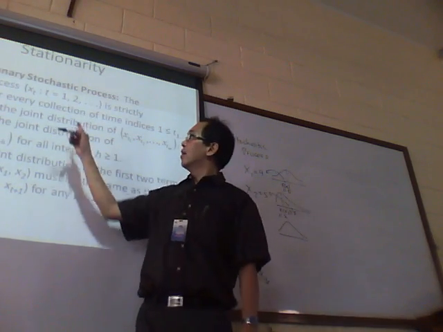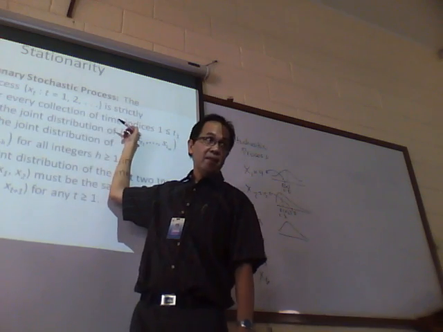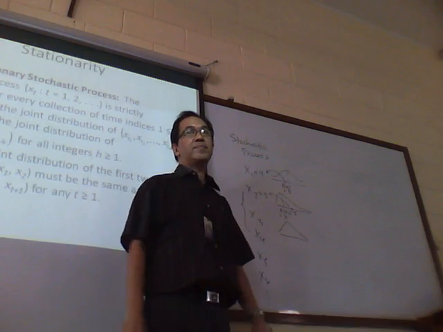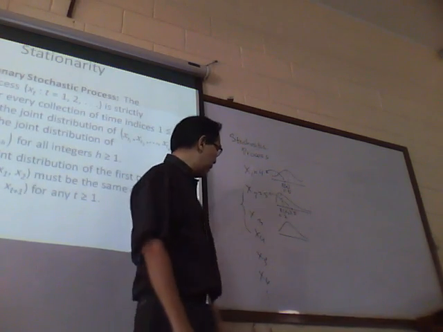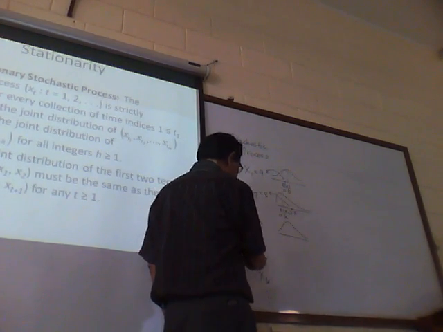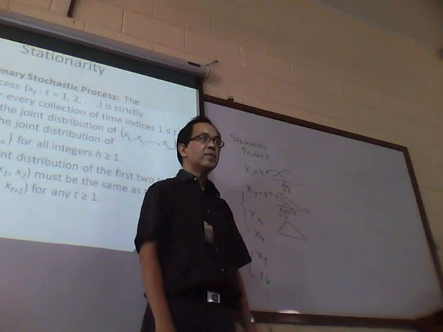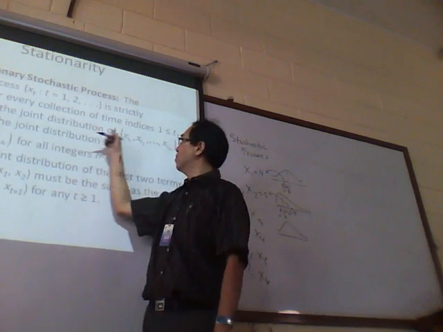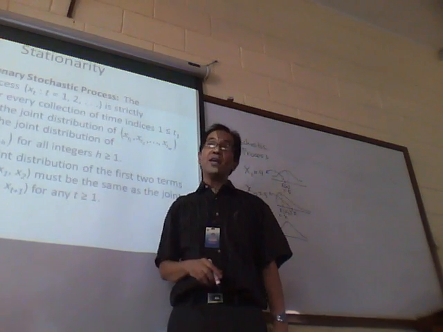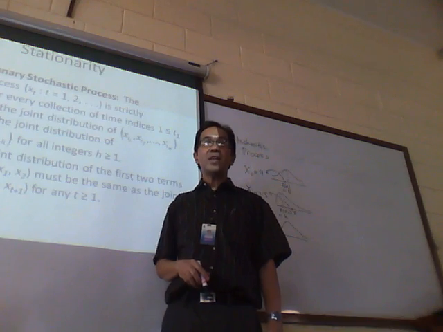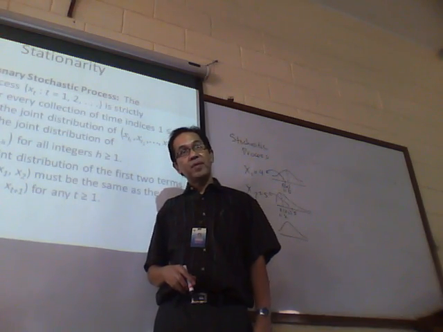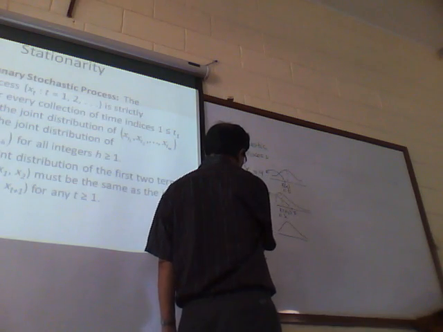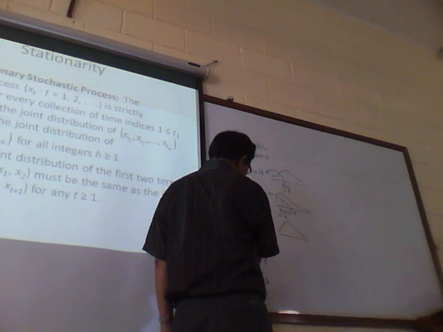So my collection of time indices is 2, 3, and 4. I can pick, say, 5 and 6. No? Alright? It says every collection. Doesn't say how many, and doesn't even say consecutive. So it can also be, say, 1 and 3 and 5.